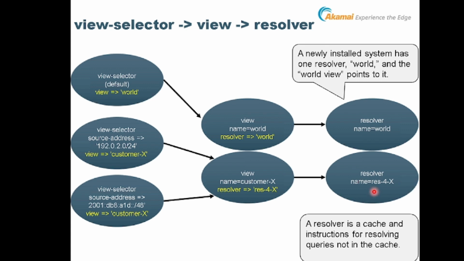Out of the box, when you first start CACHESERVE, it has the resolver named world, which has a cache, empty initially, of course, and the instructions for resolving queries that are not found in the cache. So those instructions are, if you remember the yellow boxes, start at the root and follow the delegations until you get to a server that knows how to answer the query.